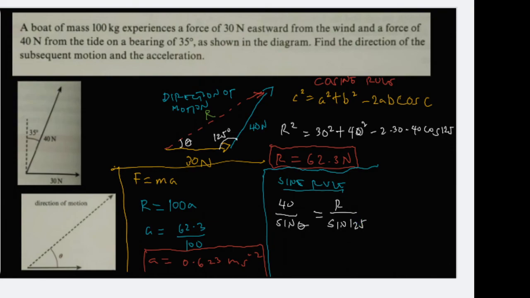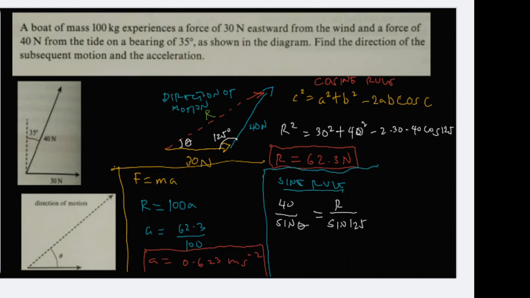We will just go with the opposite side and angle. R is opposite the 125 degrees, and theta is opposite the 40 Newton side.